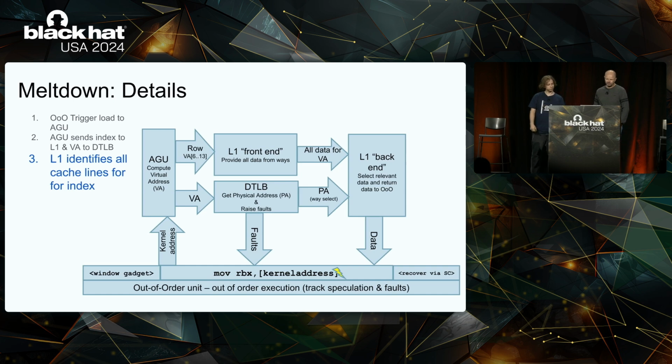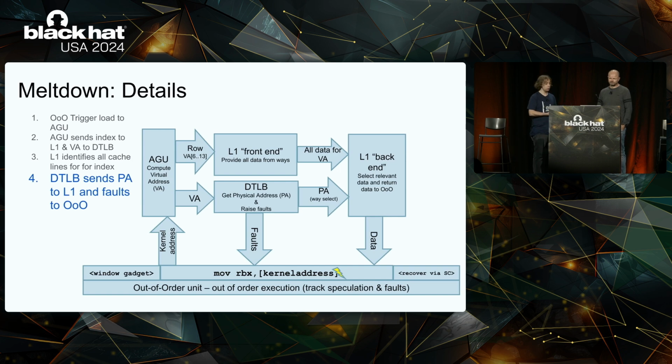So what the L1 does while the DTLB is trying to figure out the physical address, it identifies all cache lines for the index that it has gotten from the AGU and makes them ready to be read. Yeah, and that means you have multiple cache lines now that could be containing the data that you're looking for.